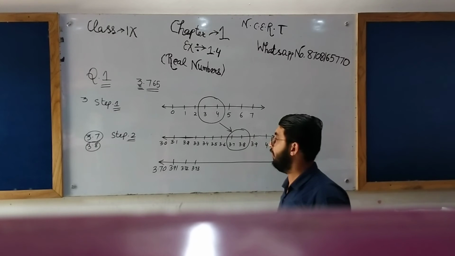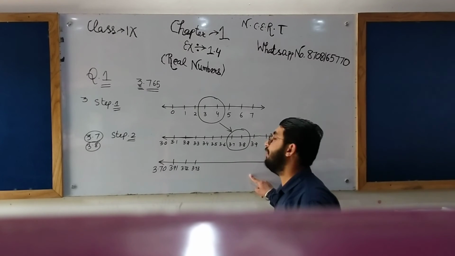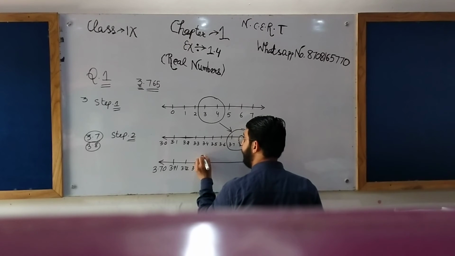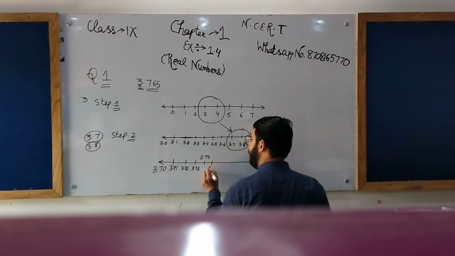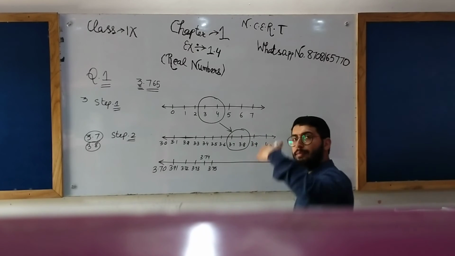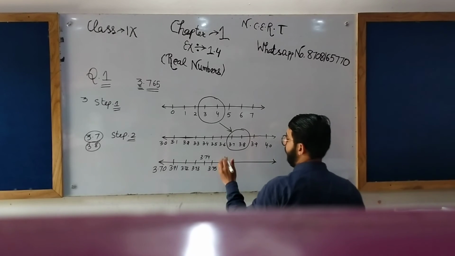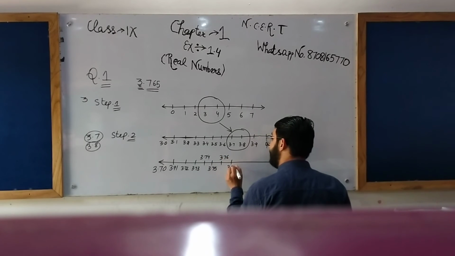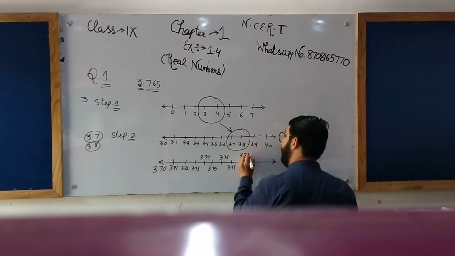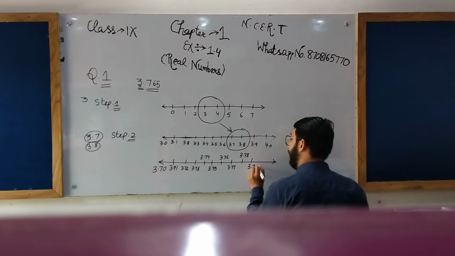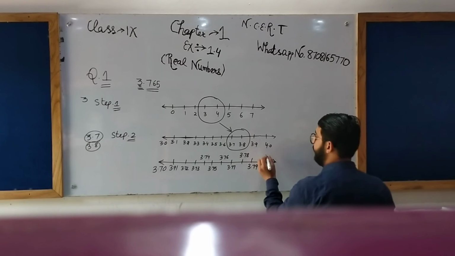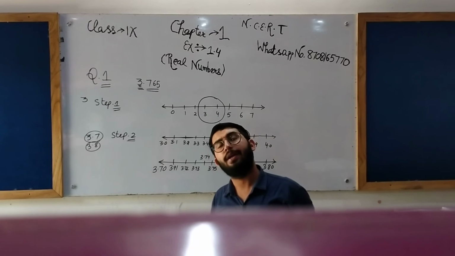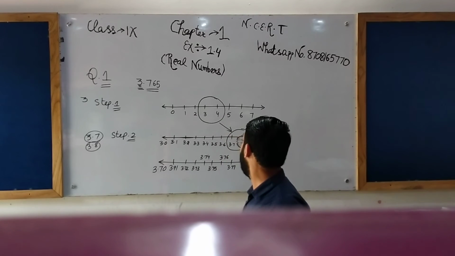If you are finding it difficult to write in the same sequence, you can write some of the numbers above, like this. 3.74, 3.75, one at the bottom, one at the top. 3.76, 3.77, 3.78, 3.79, and this will be 3.80, or simply you can call it 3.8. Getting my point?